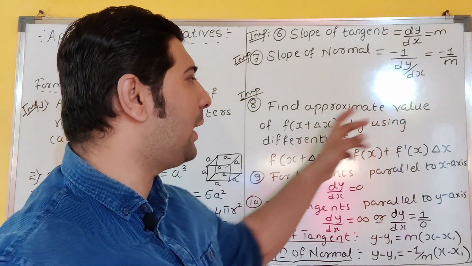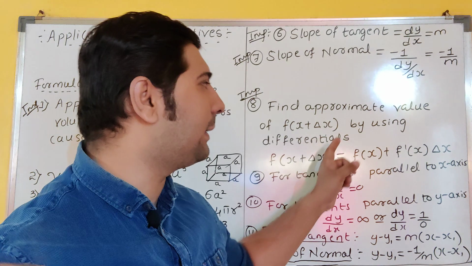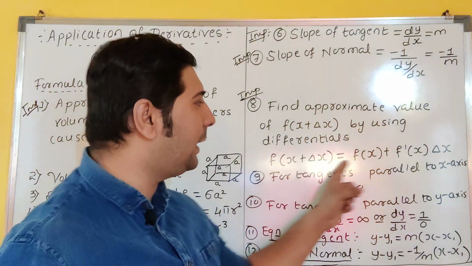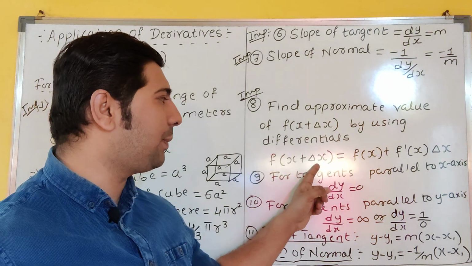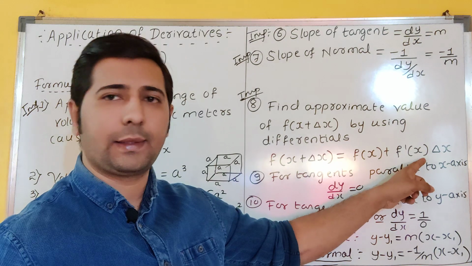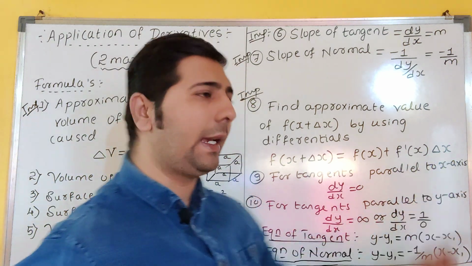Find the approximate value of square root 36.6 by using differentials, he will say. So that time we will use this formula: f of x plus delta x will become f of x plus f dash of x, the derivative of f of x, into delta x.